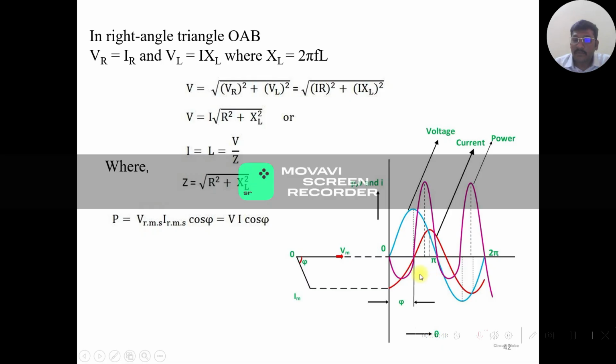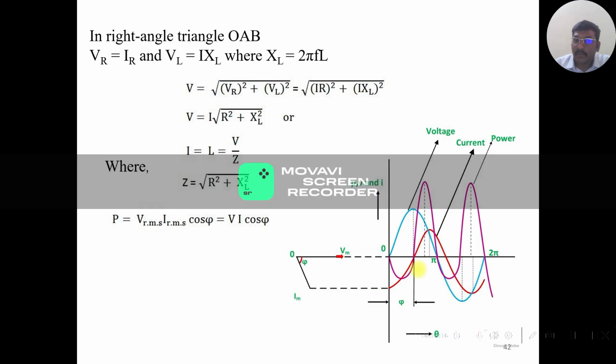As we know, if the circuit is purely resistive, the current and voltage will be in phase with each other and there will be no phase angle difference. When you are connecting an inductive load, the current lags the voltage by 90 degrees, and when you are connecting a pure capacitive load, the current leads the voltage by 90 degrees.